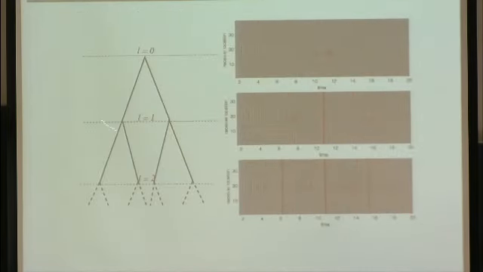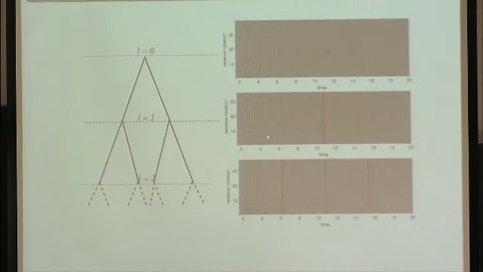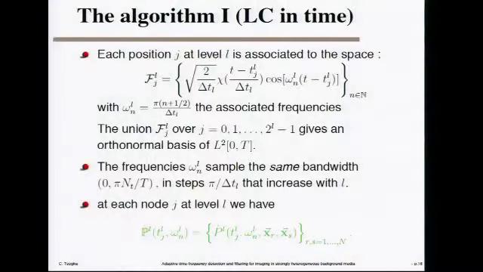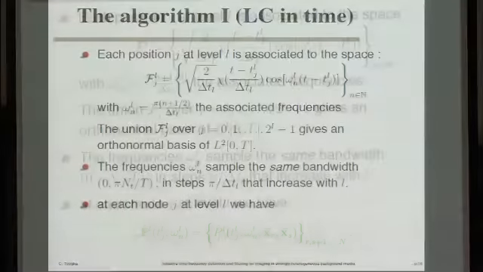In each node of this tree, I replace my initial data by the cosine coefficients of the data in the corresponding window. The cosine coefficients are computed as projection onto these spaces.